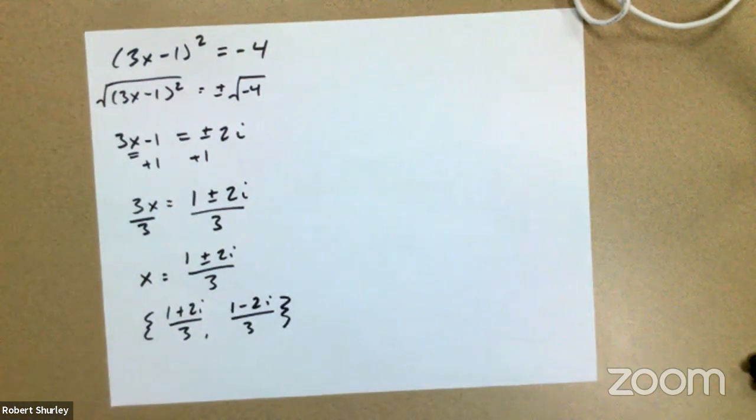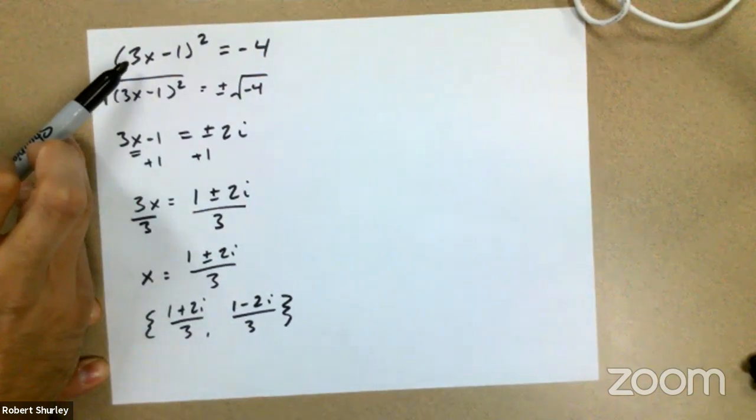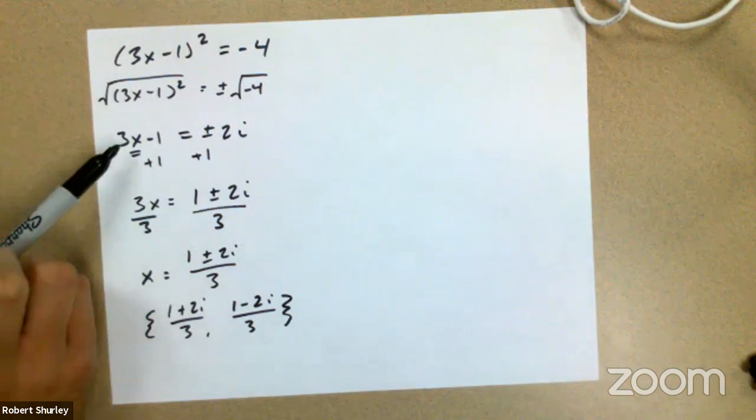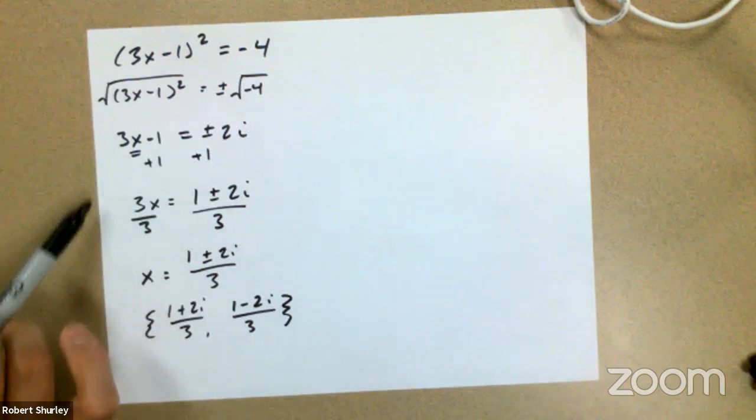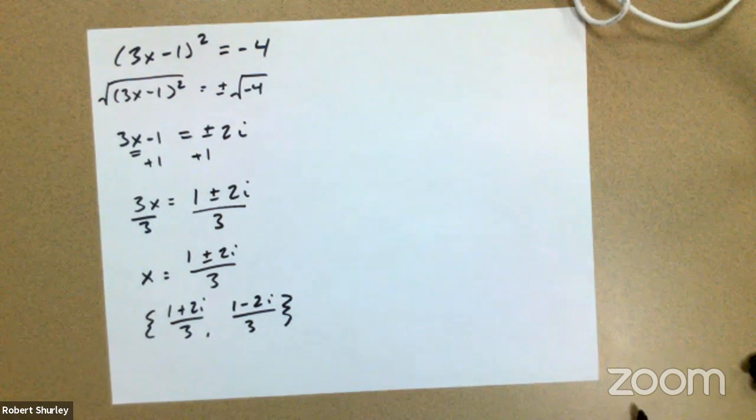So a little more complex, but it's just because of that coefficient at the very beginning, that 3. Look, when you took the square root, it was still there, add the 1, and then you had to divide everything by 3. Okay? Not as important for what we're about to do, but it is what it is.